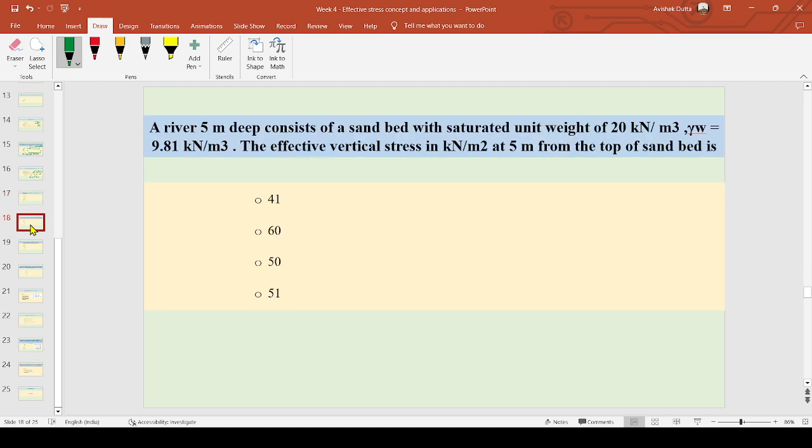Okay, next question. A river 5 meter deep consists of a sand bed with saturated unit weight of 20 kilonewton per meter cube, gamma W equal to 9.81. Find the effective vertical stress in kilonewton per meter squared 5 meter from the top of the sand bed. This is the top of the river, and this is the sand bed.